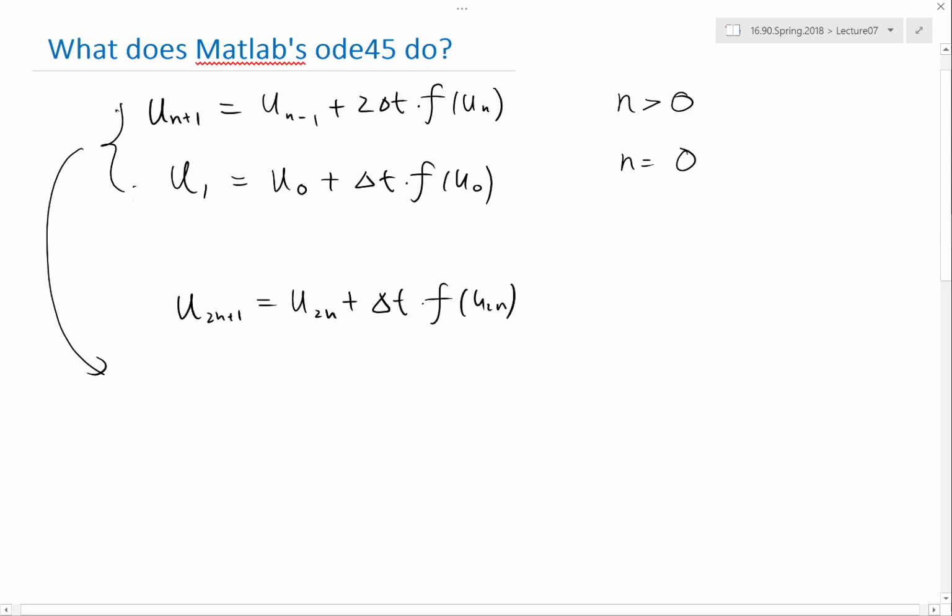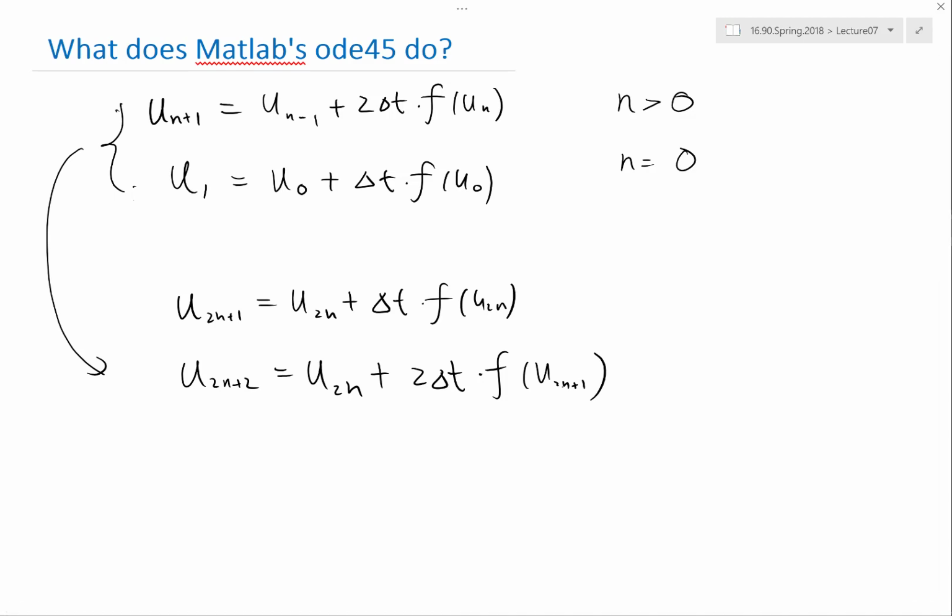So for the odd time steps, when I'm trying to go from an even to an odd, I use forward Euler. And when I go from odd back to even, I use midpoint. Okay, so how do I show that I can get a second order scheme?